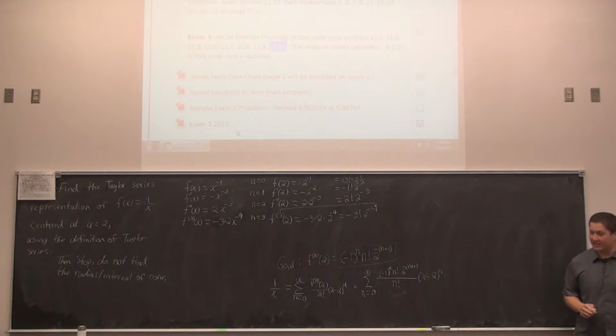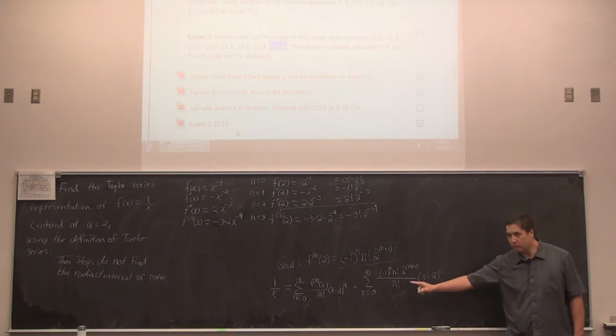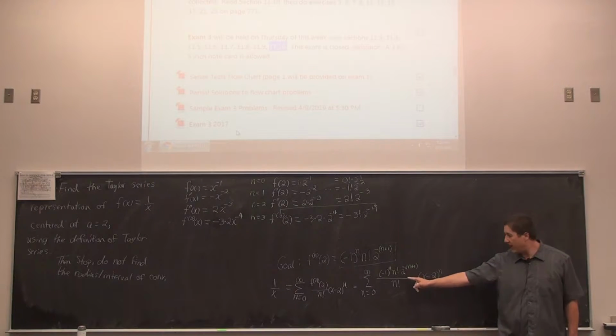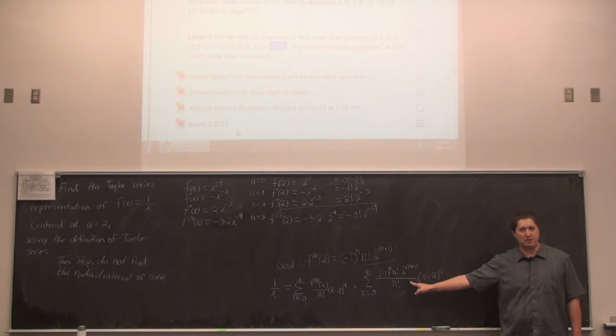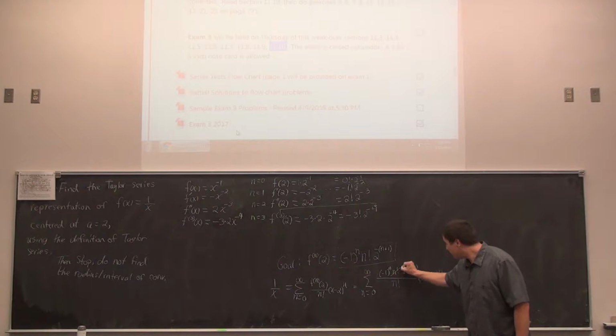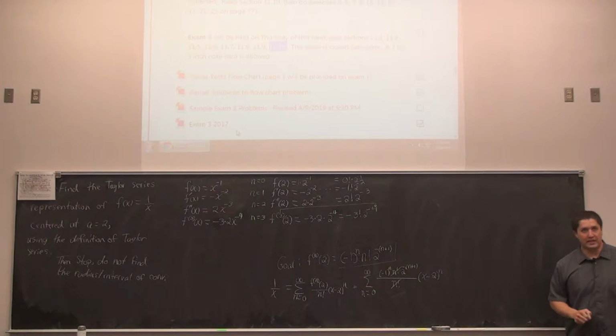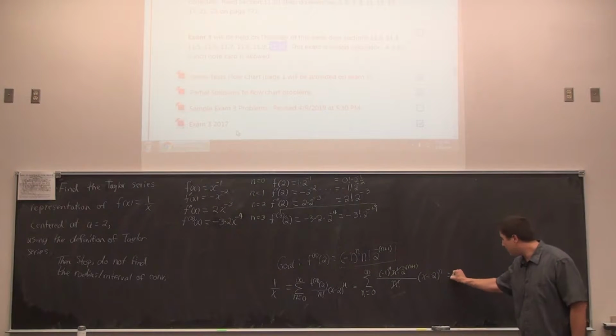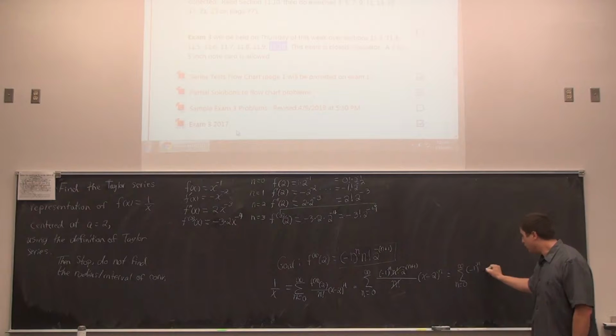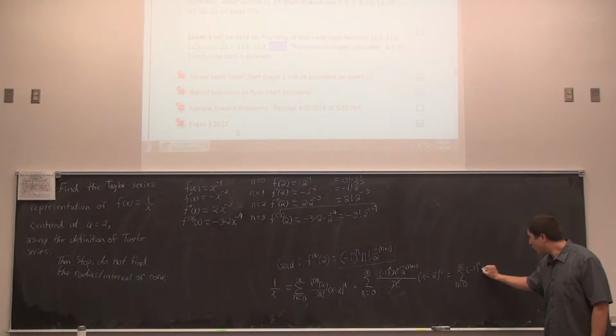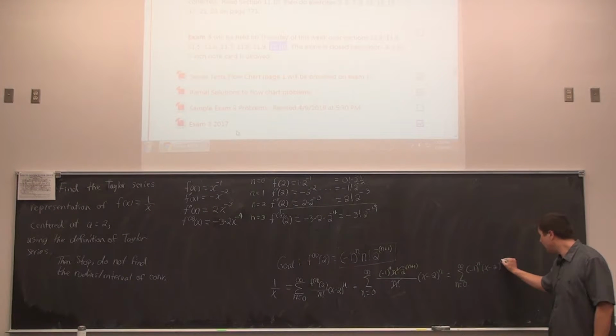This is one of those problems that just does not want to quit. Algebraically, if you have something like this, we do have to always reduce all fractions. So the very last step, this would be a very low-stake step. Maybe you could lose a quarter of a single point. But the very last step is you do have to reduce. So do a cancellation there, and the simplified power series representation is a summation from 0 to infinity of negative 1 to the power of n, x minus 2 to the power of n.